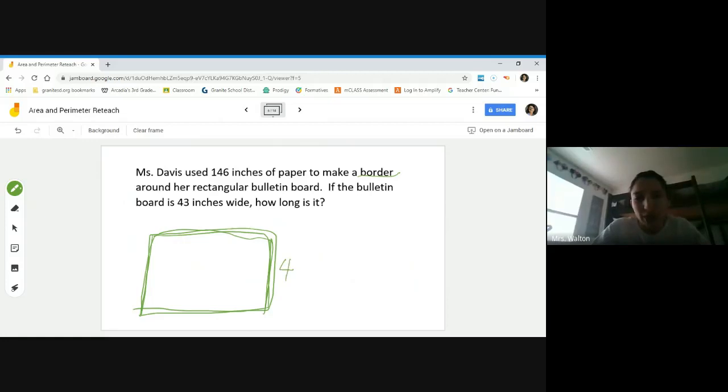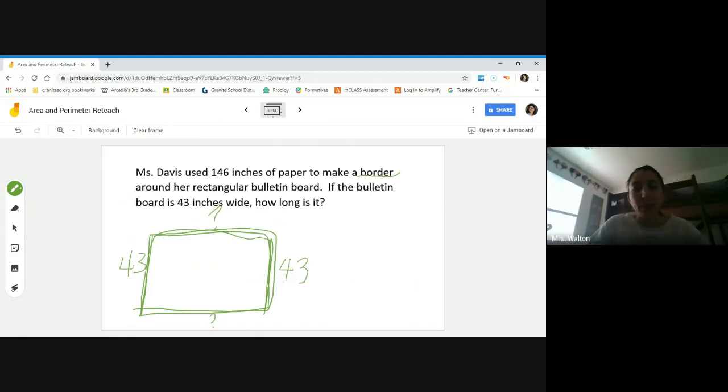It doesn't really matter which side you do, but as long as you know that the opposite side is going to be the exact same. So 43 and 43, and we're trying to figure out how long it is. And guess what? This question mark and this question mark are the exact same number. So it doesn't really matter which one you don't put, kind of thing. Your answer is this is going to be the same as this.